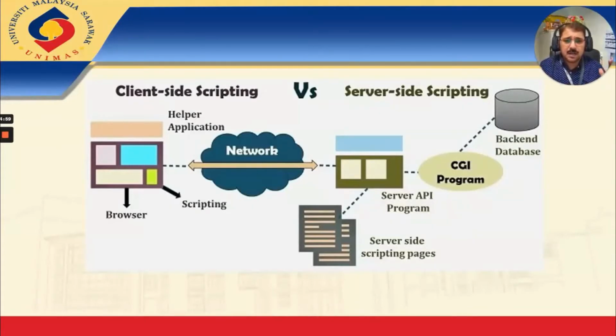In client-side scripting, the browser can handle everything. Why? Because the contents are static. By static, I mean the contents are not changing. Whatever we type is hard coded there. It is not changing. Whatever styling is applied, the styles are constant. The JavaScript is the same. It is not changing.